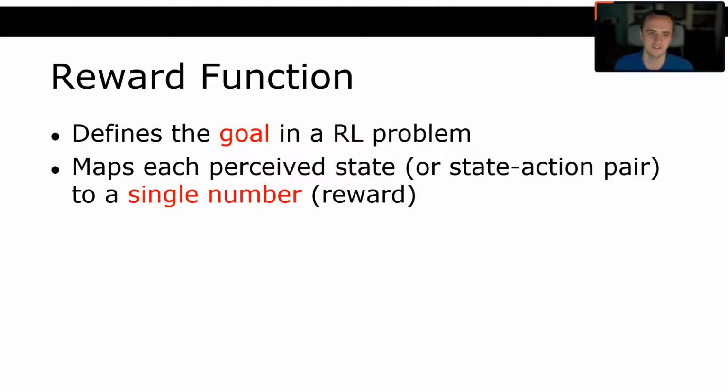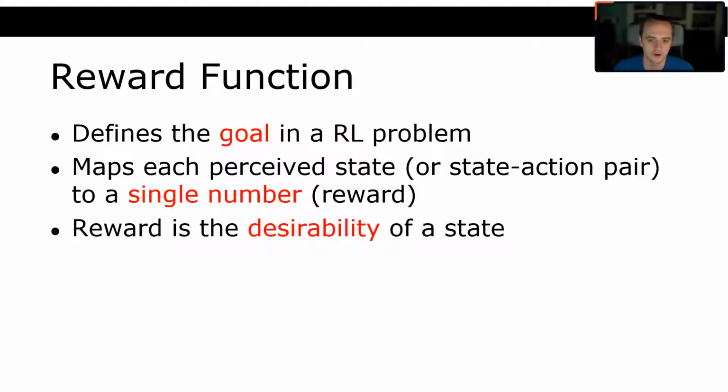And what that means is that the environment will have a function or a lookup table or whatever in it, the reward function, and it'll say if the agent does this action at this state at this time step, this is the reward that the agent should get.